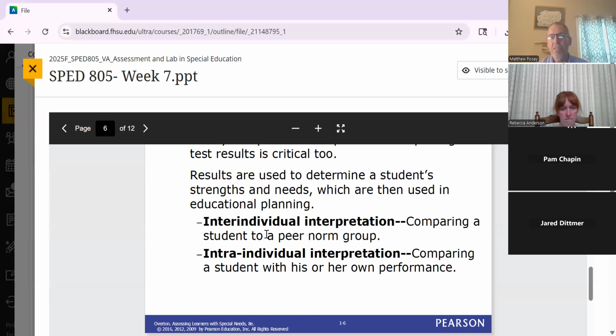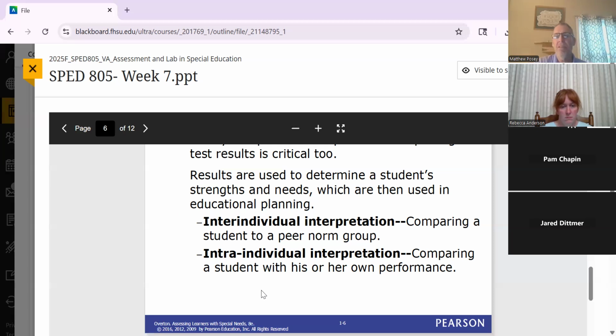Basically, in a nutshell, is what we did last week on norm reference. You're comparing the student to a peer normed group. Okay. This is basically a fancy term for what we did when we were learning and talking about norm reference. They're compared to a norm group, similar age, background, and hundreds, if not thousands, in that group that they're compared against. Okay.